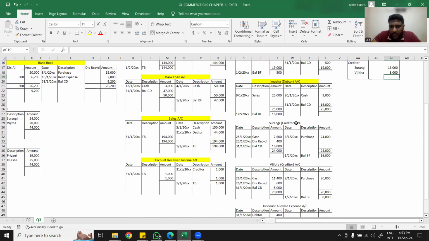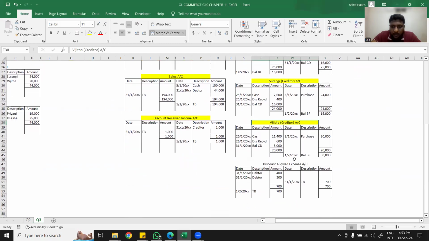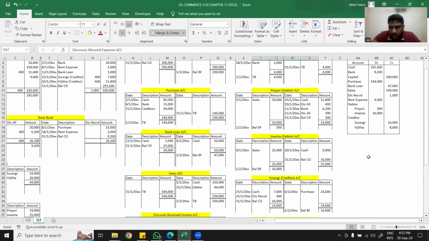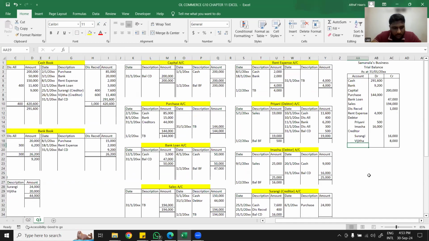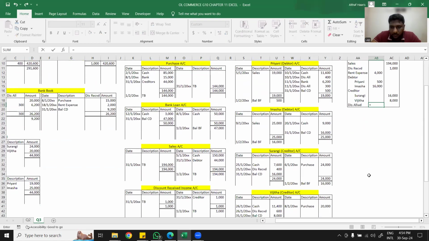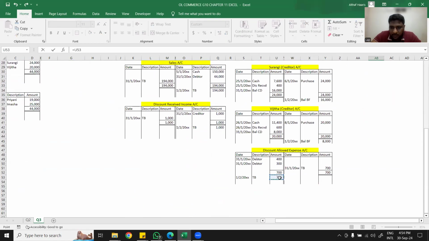Then finally we have discount allowed, an expense, debit side. So 100.